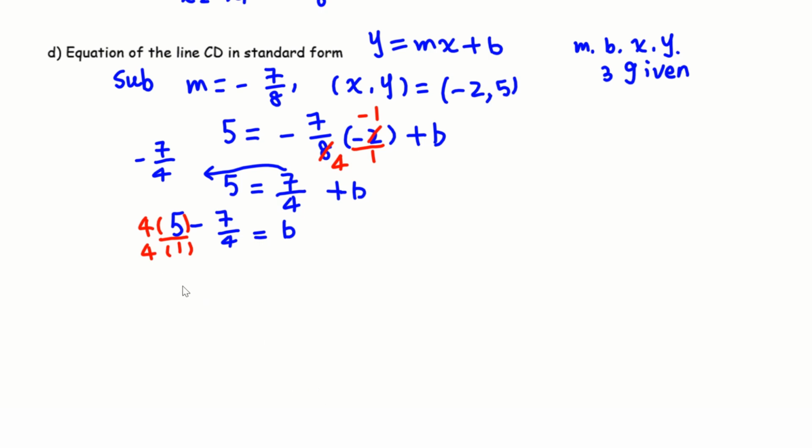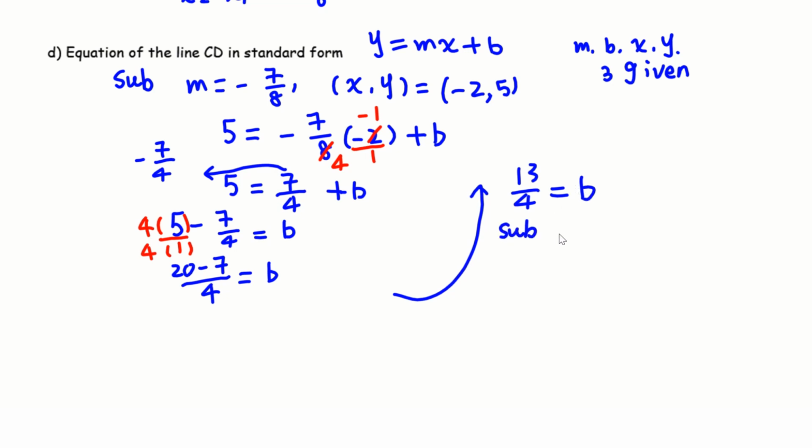Once we have the same denominator, we are going to subtract the numerators. Then we have the b. So the b value will be 13 over 4. We have the slope and also we have the b.